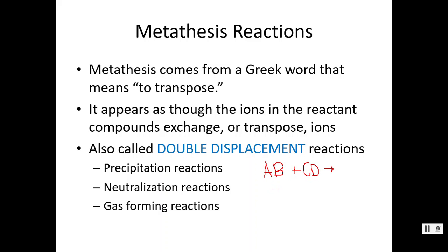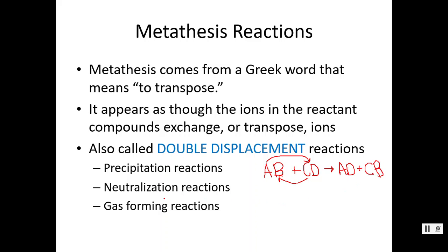So the cation from one species gets paired with the anion of the other species and vice versa. So generically, a double displacement reaction is AB plus CD to give you AD plus CB, always putting the cation first and the anion second.